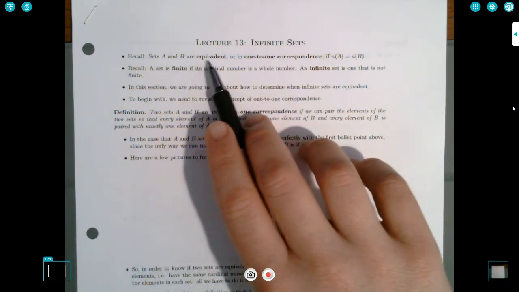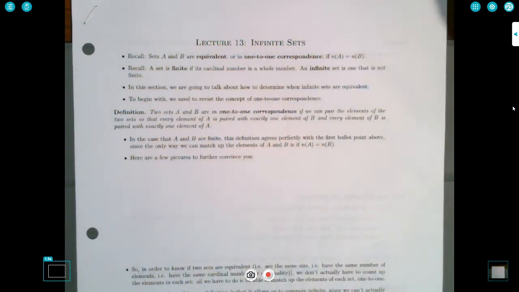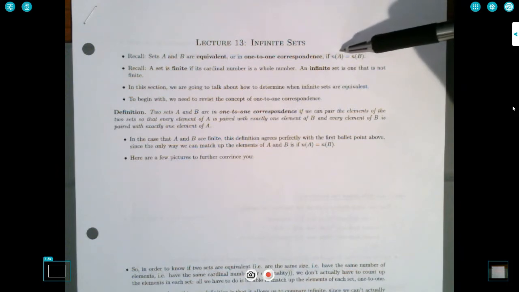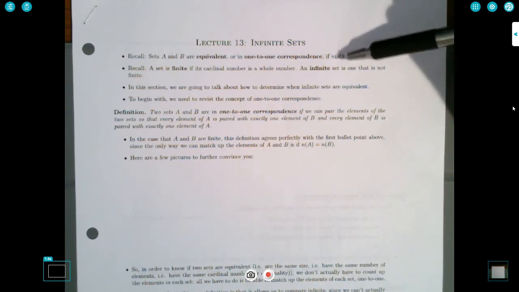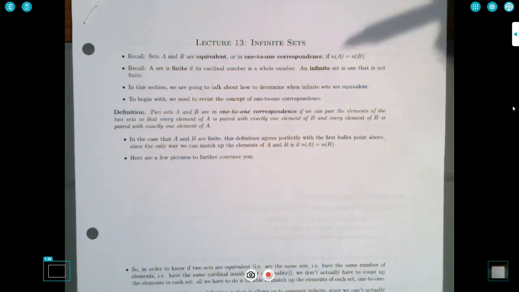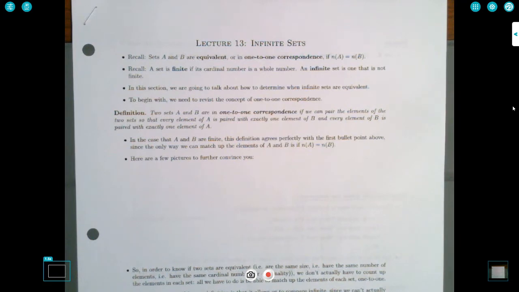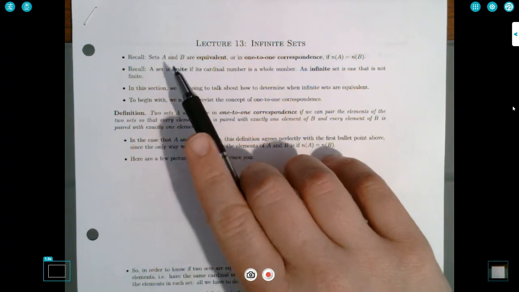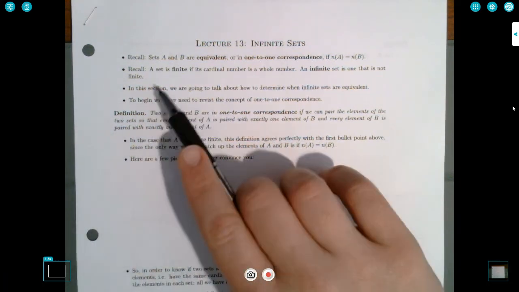So sets A and B are equivalent or in one-to-one correspondence if the cardinal number of A is equal to the cardinal number of B. In other words, if the number of elements in A is the same as the number of elements in B. The elements don't have to be the same, there just has to be the same number of elements in both sets, right? Okay. So that's A and B are equivalent.